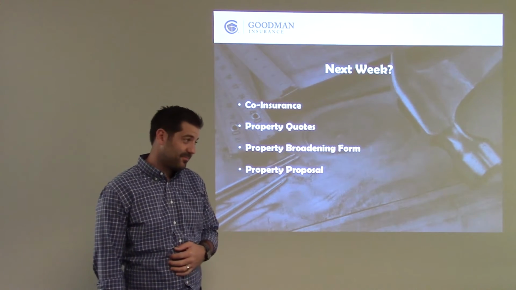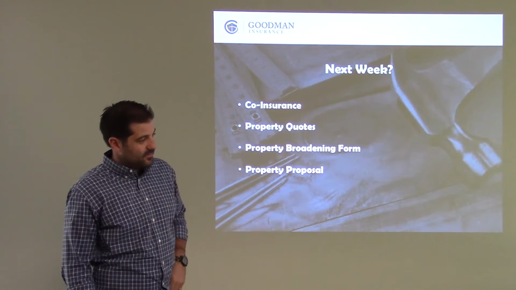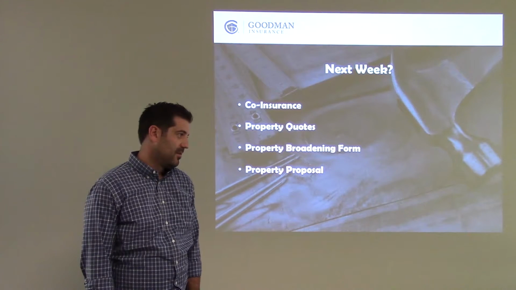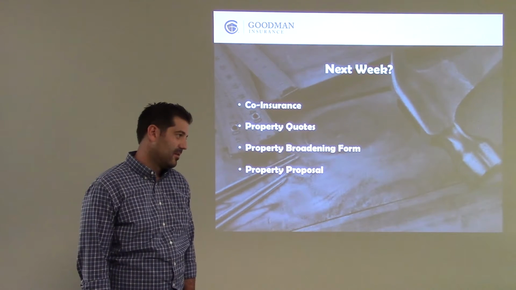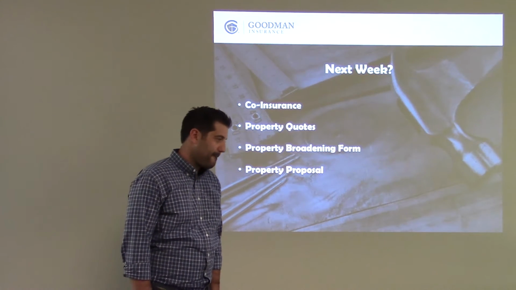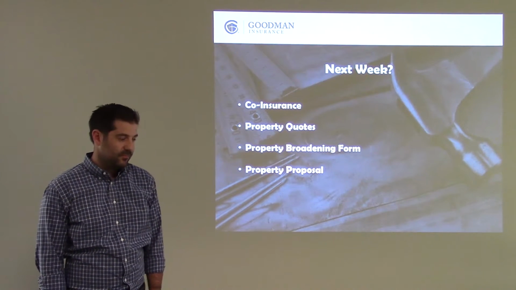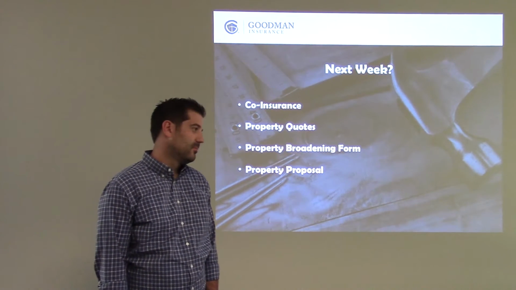In that scenario, it was almost a wash to report it under the inland marine policy. That's why you have to look at each thing individually. What's the deductible? How much do you have?